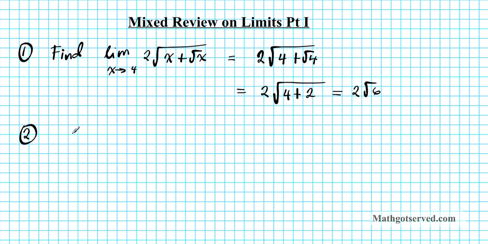All right, number two, let's find the limit as x approaches -2 of (4 over x plus 2) times x, divided by (x plus 2) times x.